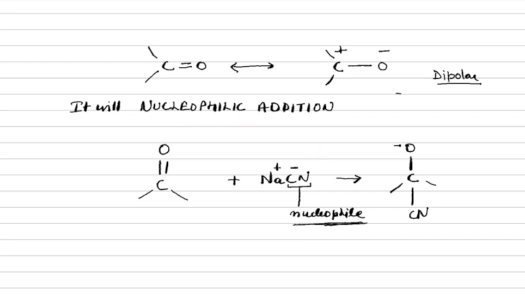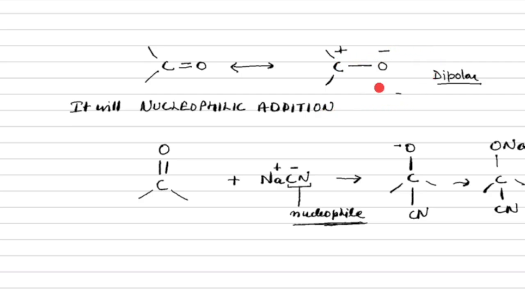Okay, and what will happen after this? See, this can't survive with only a negative charge. So the Na, which is the positive one, gets attached here to the O. So this is how nucleophilic addition is happening, because our carbonyl carbon is positive.